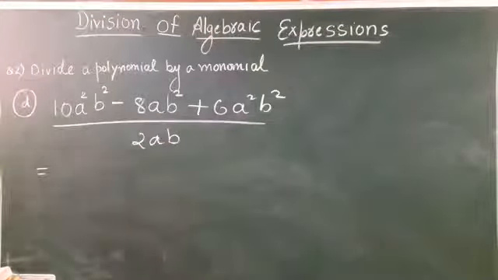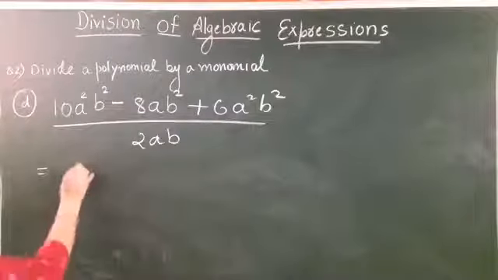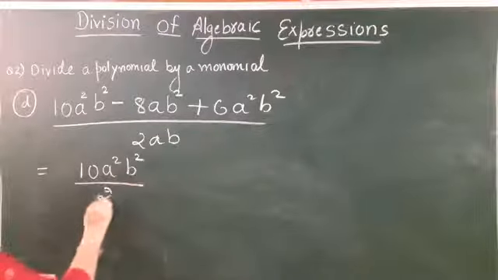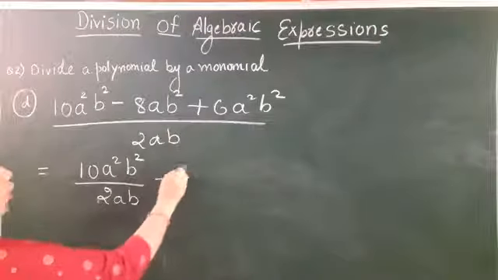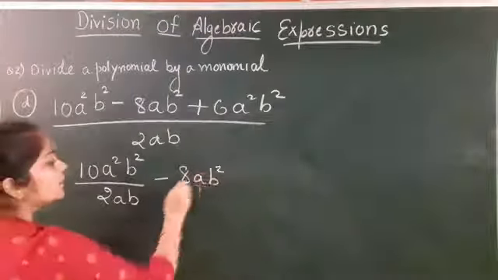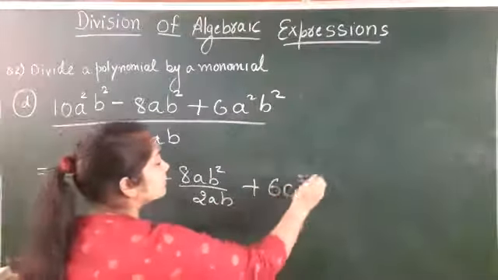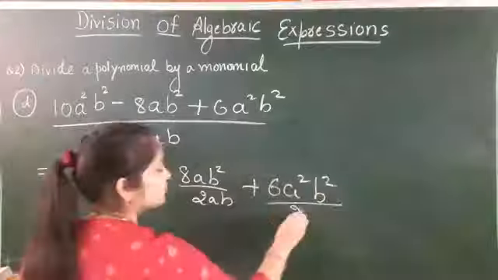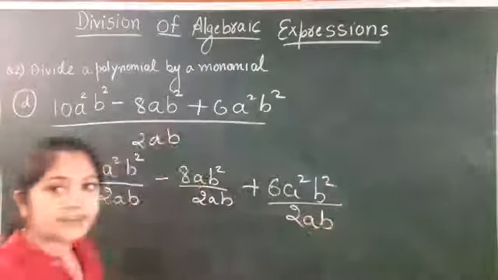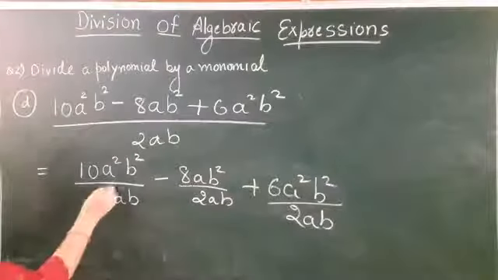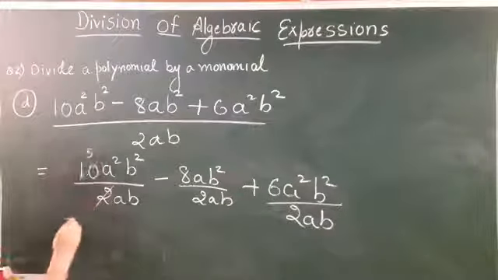Right? So it's very simple. What we will do? We will give this denominator 2ab to all the terms of our numerator. Right? So that's it. And now we will start dividing. So 2 5s are 10.